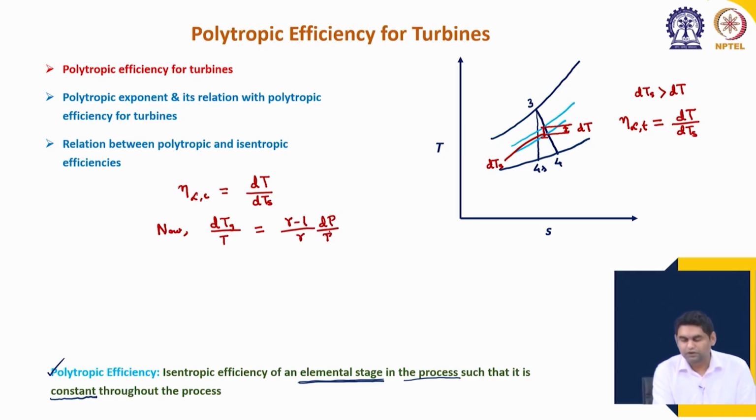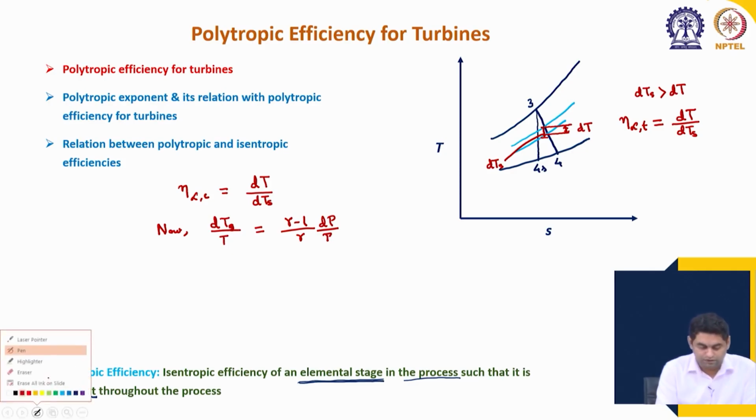This is from the isentropic relation for the ideal gas, because we are following the isentropic path for Ts.